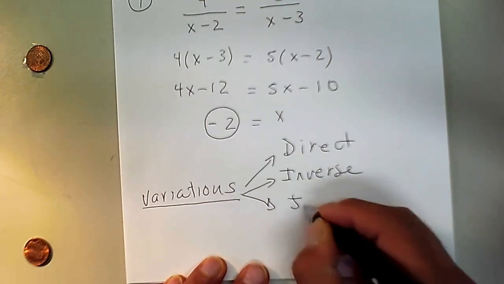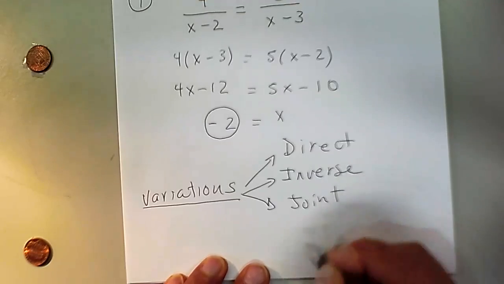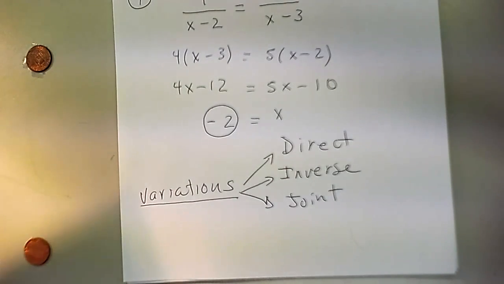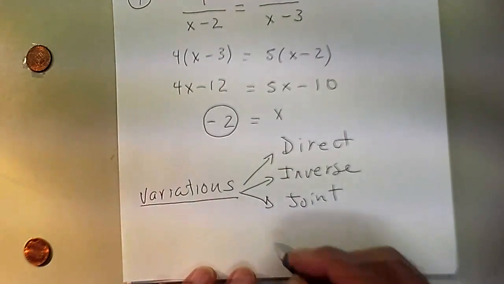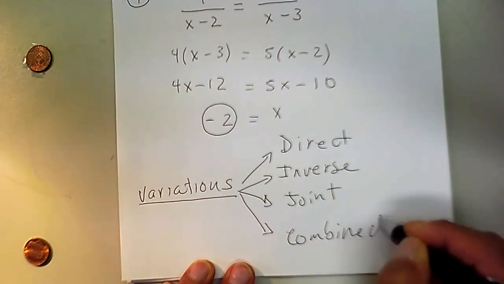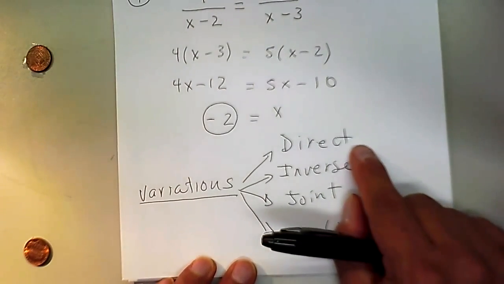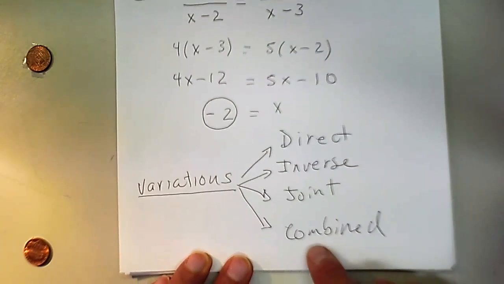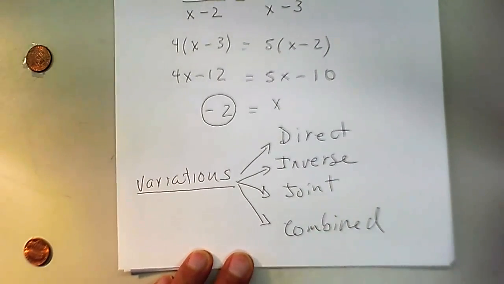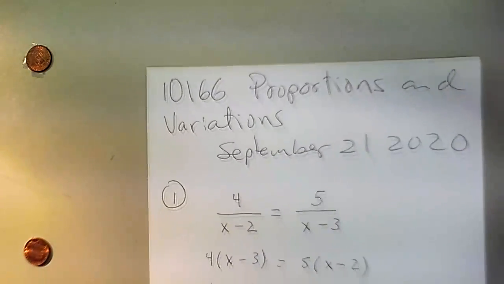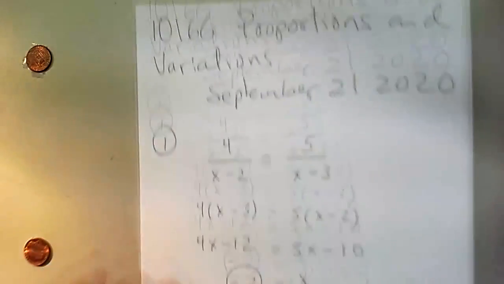And then we have joint variation. And then we have a combined variation. We're really going to mostly be involved with direct and inverse. Joint and combined, we're not really going to do too much with those two, at least not at this point. I just want to introduce the concept of variation.